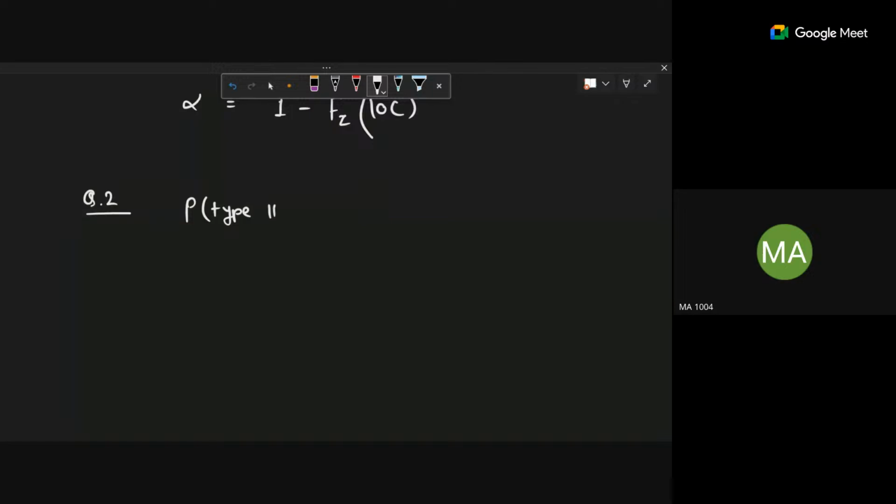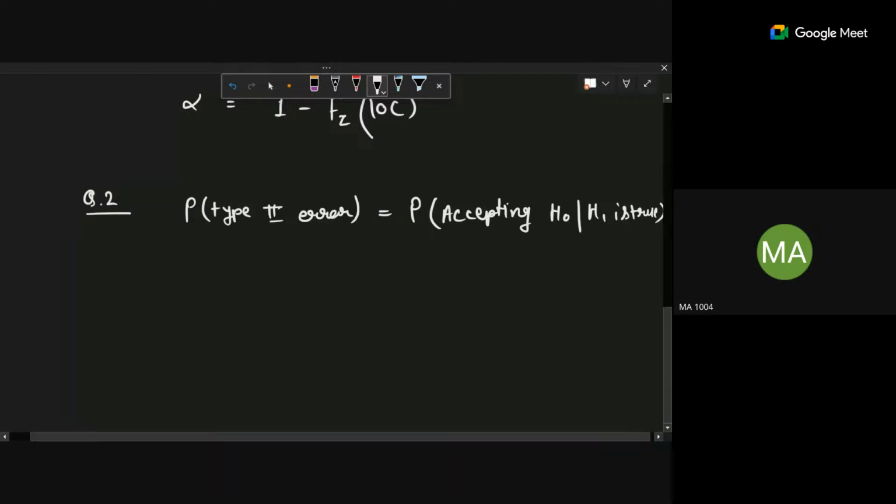Type 2 error: accepting null when H A, or your H1, is true, right? So here, what does it mean that H A, the alternative hypothesis, is true, or what do you mean by accepting H naught?